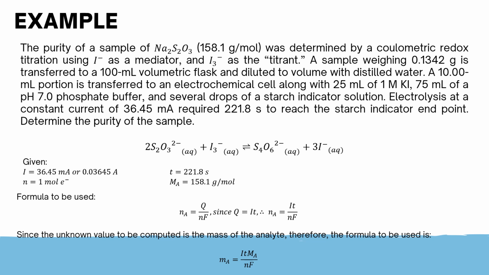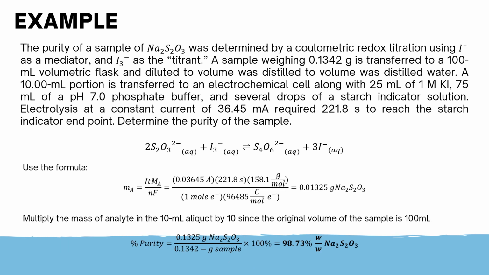Presented on the screen are the formulas to be used in the problem. Now that we have the formula, mass of analyte is equal to the current multiplied by time multiplied by the molar mass, divided by the product of the moles of electrons and Faraday's constant. We now have to plug in the values of the givens we have listed earlier.